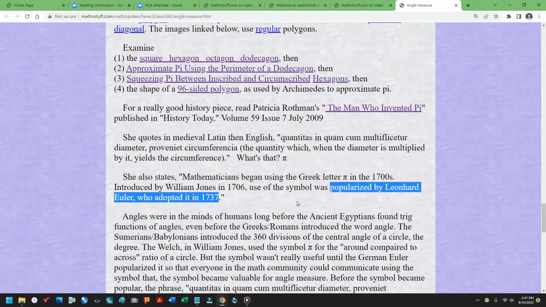The reason the popularization was important was everybody needed to be speaking the same language. They had to know, look, let's just use the symbol pi instead of saying this entire phrase. That's important.